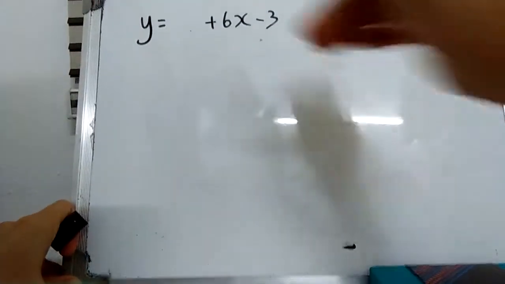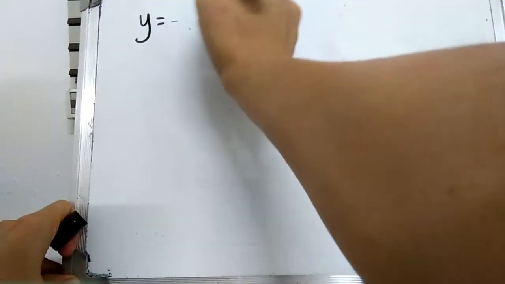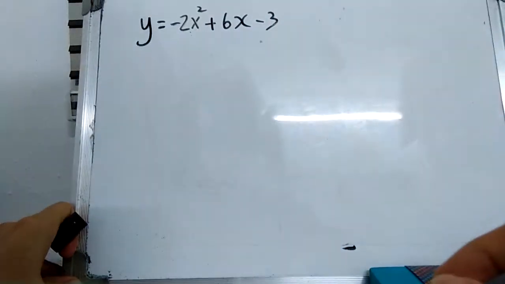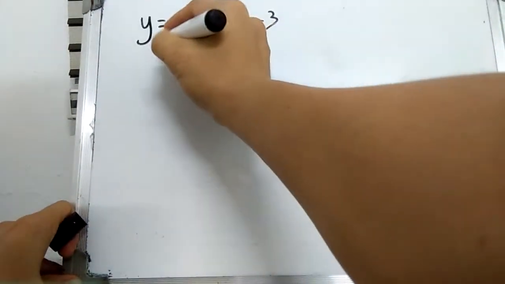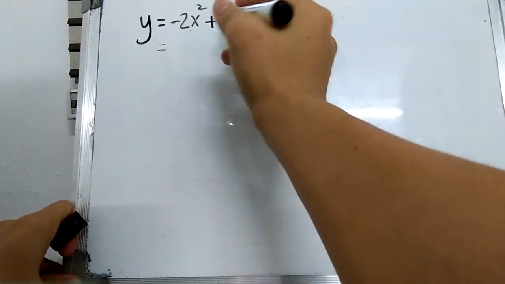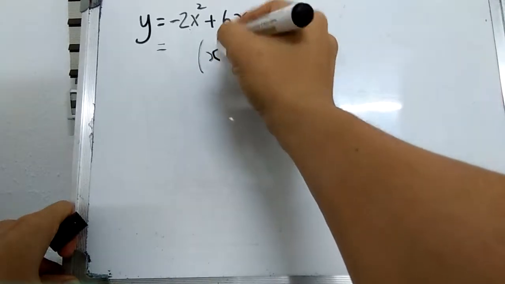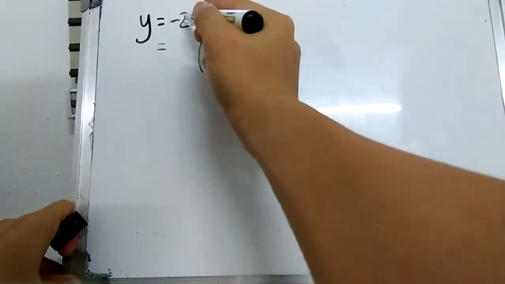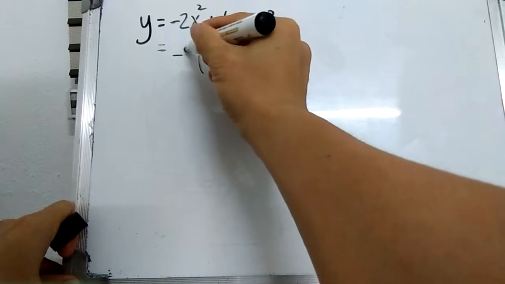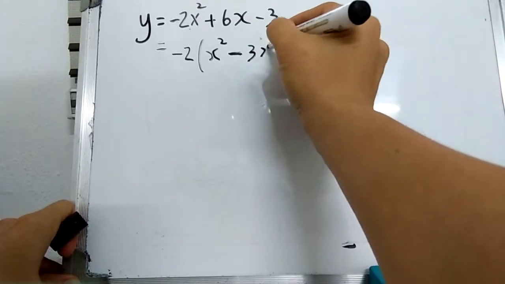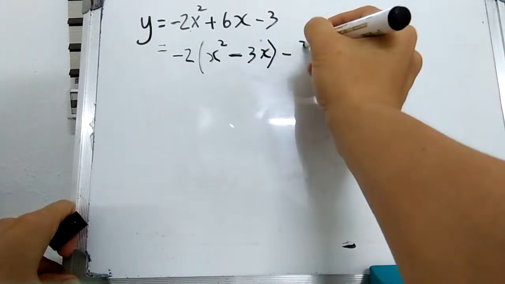Say we have negative 2x squared here. The next thing that you need to do is to make the coefficient of x squared 1, so you have to take out this negative 2, minus 3x, minus 3.